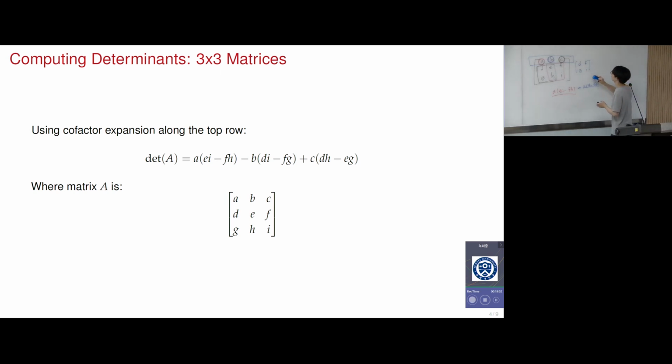So what you get is you multiply C by DH minus EG, and this time you add it. By doing this, you get the determinant of the matrix A, okay?